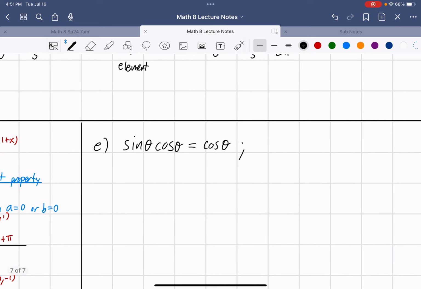But let's say I'm only looking for solutions between 0 and 2 pi. So here I'm not looking for a general solution. I only want the thetas that make this true.